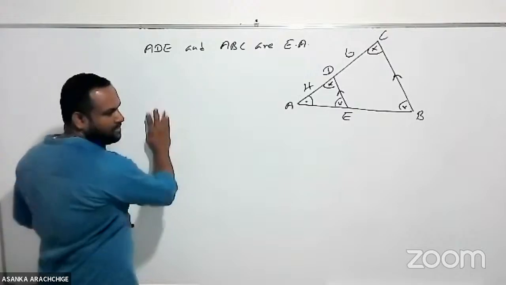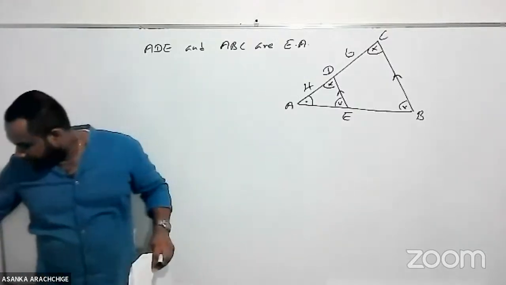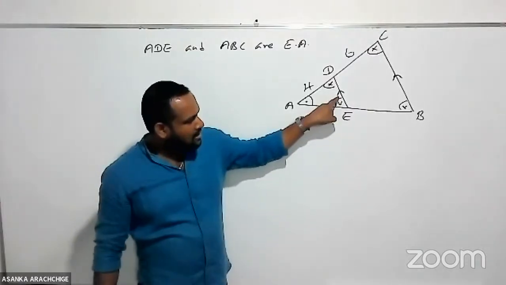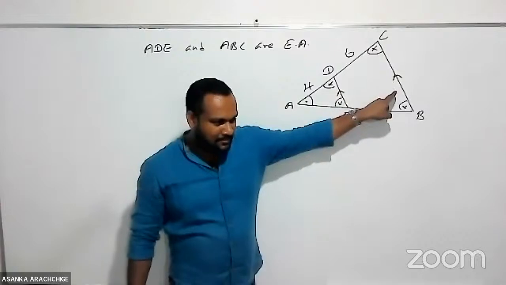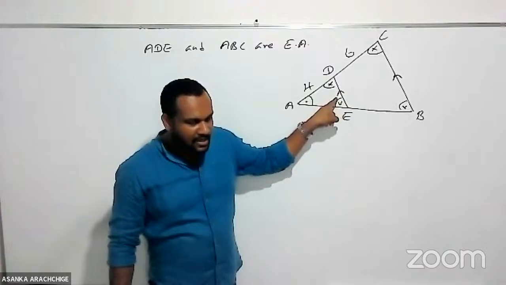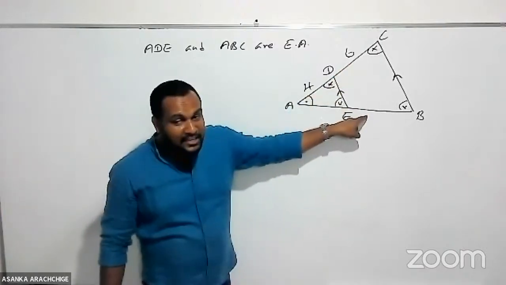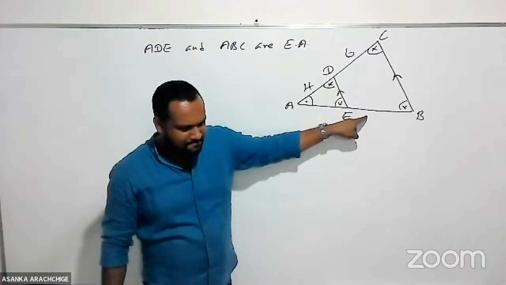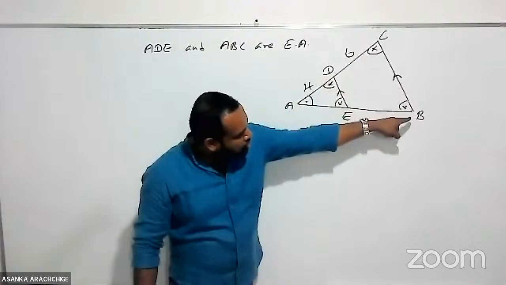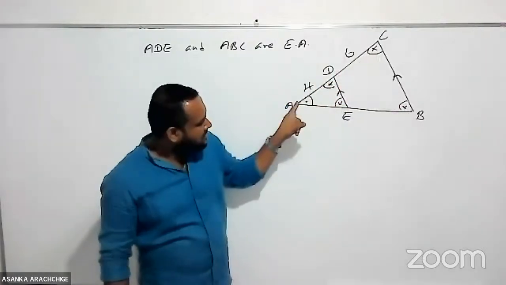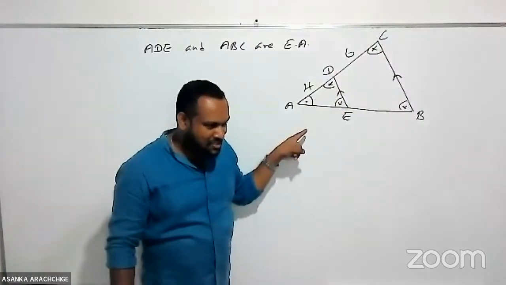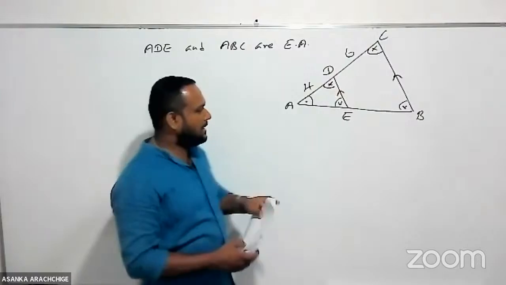There is another theorem in the same lesson, same unit. What is that? The line drawn parallel to one side in a triangle divides the other two sides proportionally. You know, this line DE is parallel to BC, therefore it divides the sides AC and AB in the same ratios.